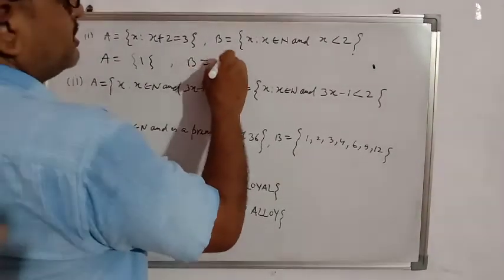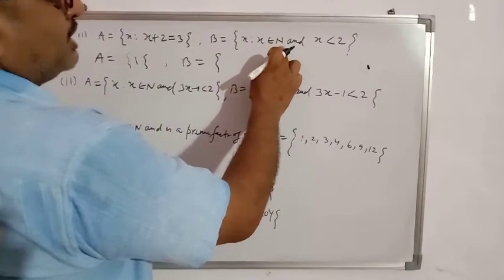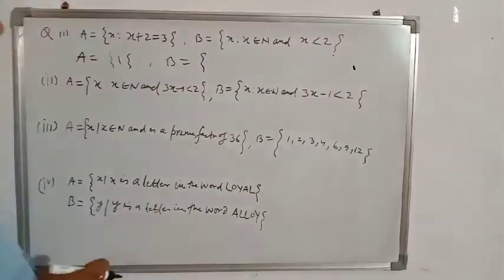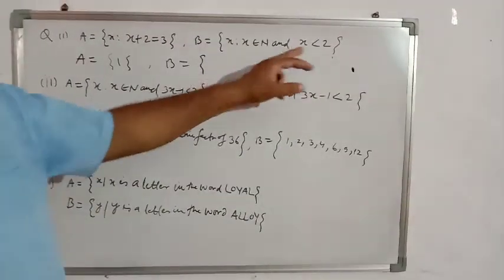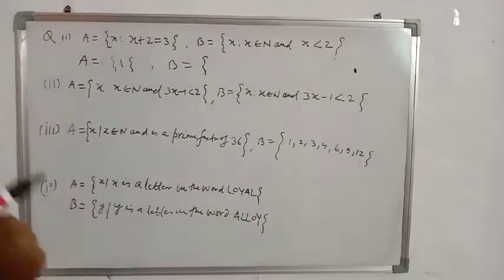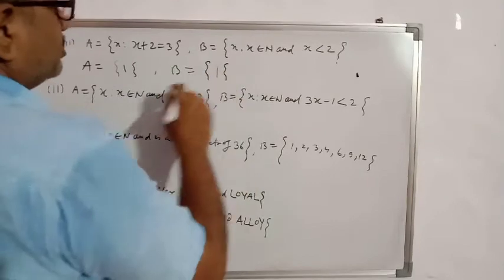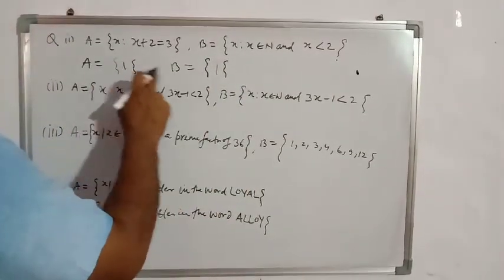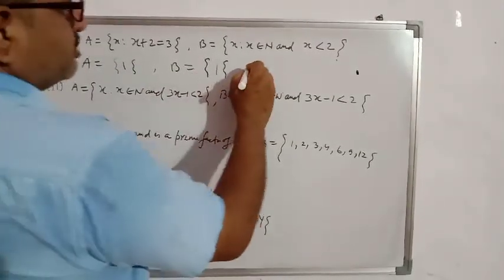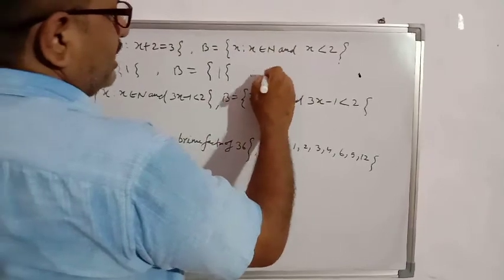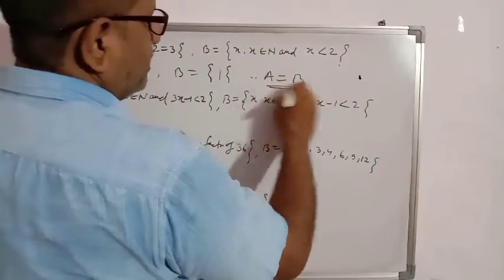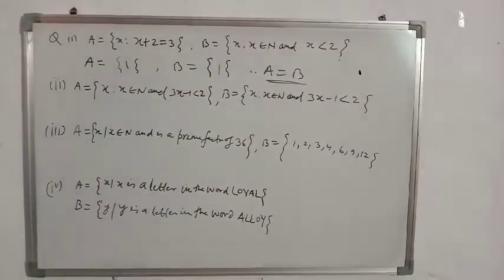And B is x such that x is a natural number and x less than 2. So what are the natural numbers less than 2? We have only one natural number less than 2, that is 1. So A and B both have exactly the same element 1. So we can say that A and B both are equal. In the first case both are equal.